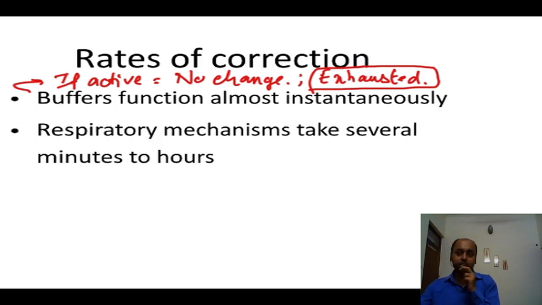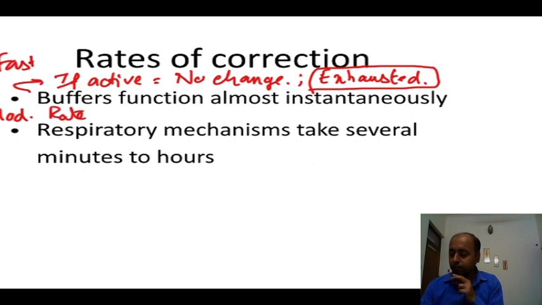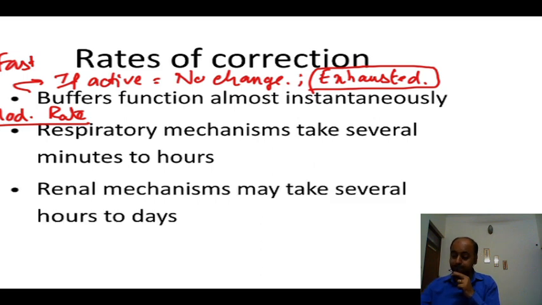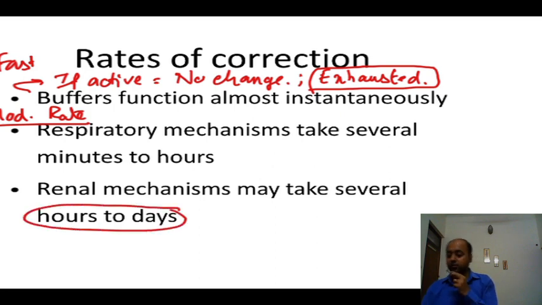The respiratory mechanism has a moderate rate of activity. It takes a few minutes to hours to act. And the renal mechanism, I told you, is slow acting. The time required can vary from hours to days.